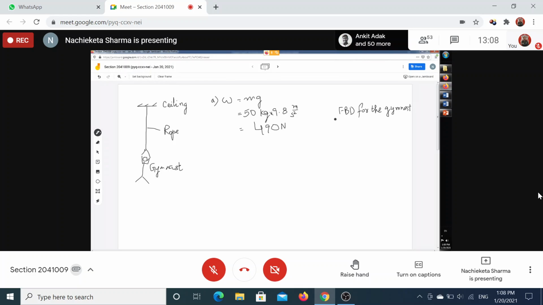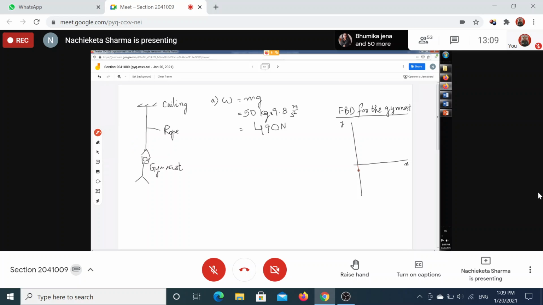When I draw the free body diagram, I will take a point, then I will draw the x-axis like this, then my y-axis like this, and then I will show what are the forces acting on the gymnast. One is the weight.